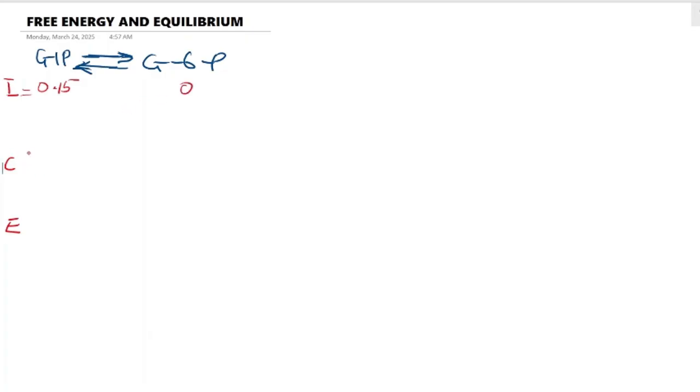Then you have minus X here for the change in concentration, and here you have plus X.